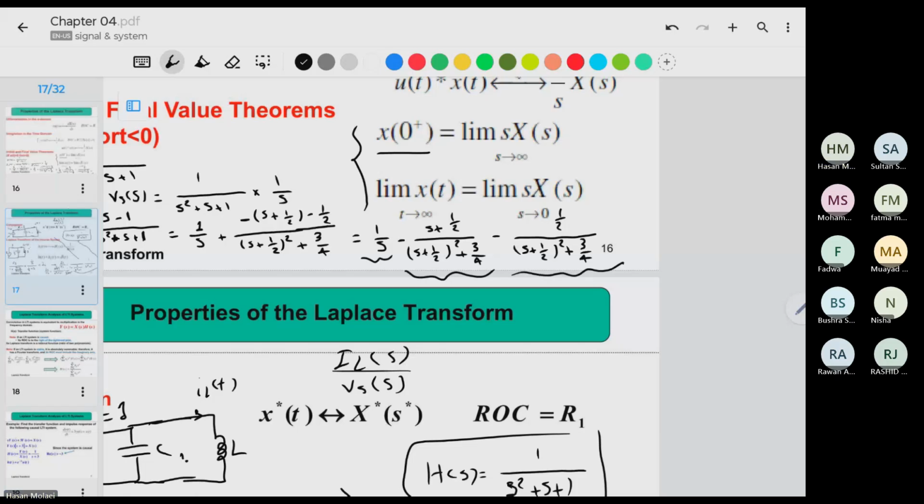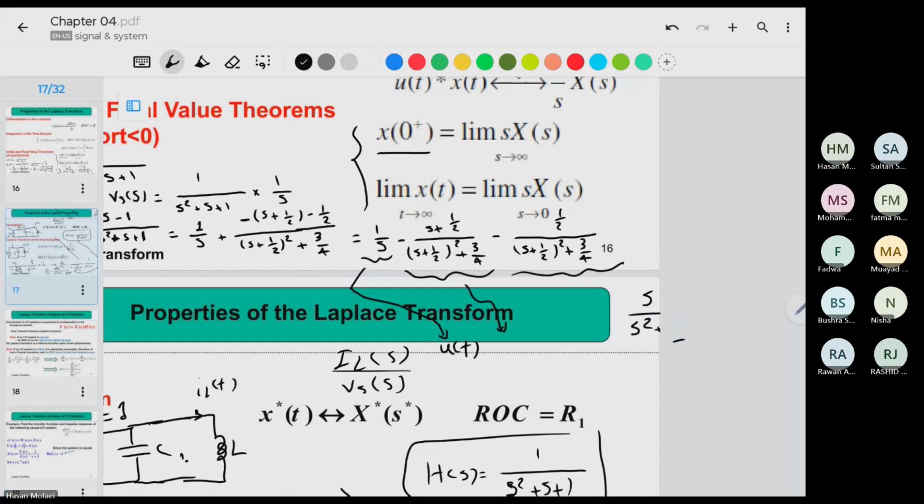Okay. What is the Laplace transform of 1 over s, u(t)? How about the second one? What is the Laplace inverse of the second term? At first, we can consider it like s over s squared plus 3 over 4.